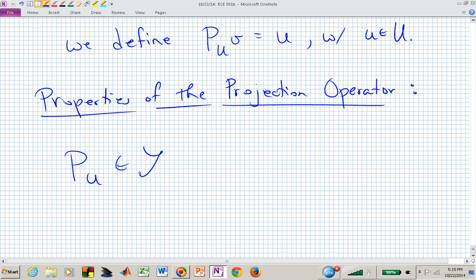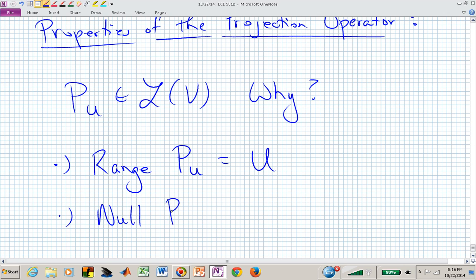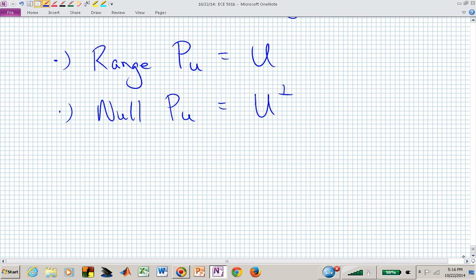P_U is a linear operator, and some of its properties are that the range of this projection operator is all of U. The null space of this projection operator are all the vectors in U perp. Those will throw us into the 0 vector.